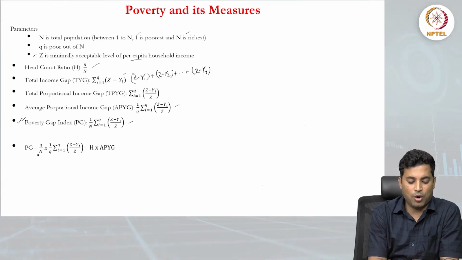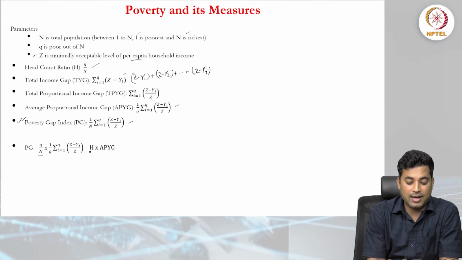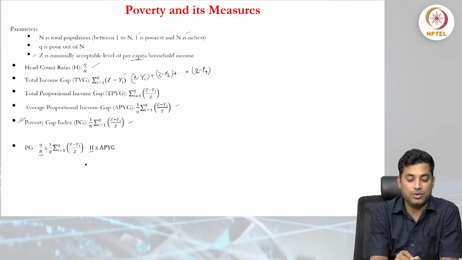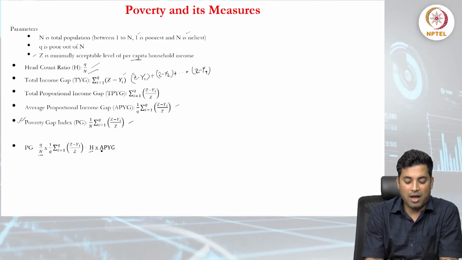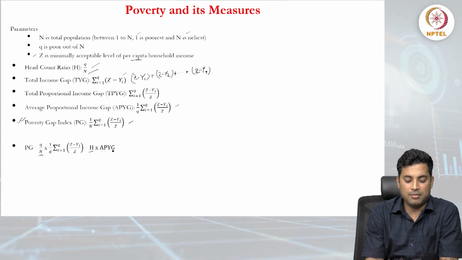Small q by N we can write as H, the head count ratio, multiplied by the average proportional income gap.